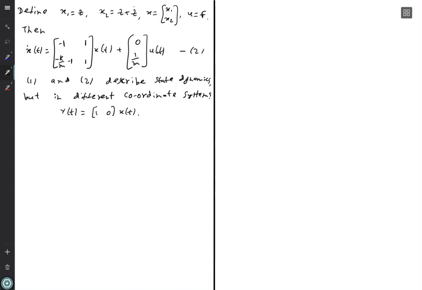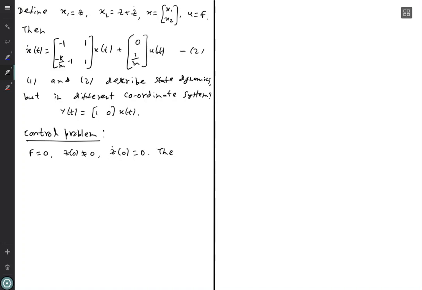Now that we have a state space model, what can be a control problem of interest? Suppose f is 0, that is, there is no external force acting on the block. The initial position of the block z of 0 is not equal to 0, that is, I have moved the block away from the rest position, and z dot of 0, the initial velocity of the block, is 0.